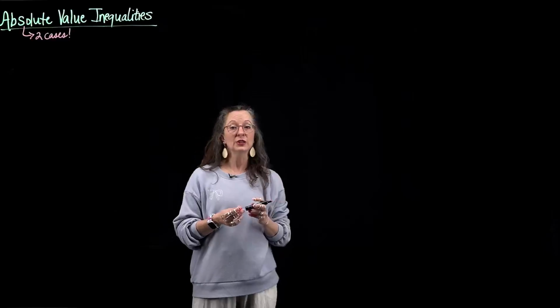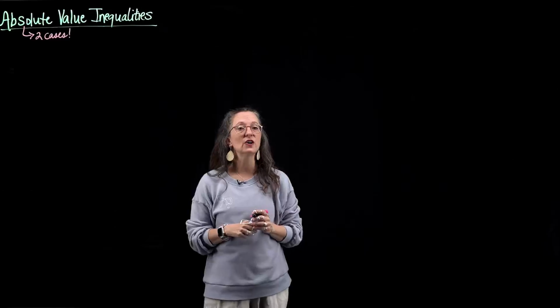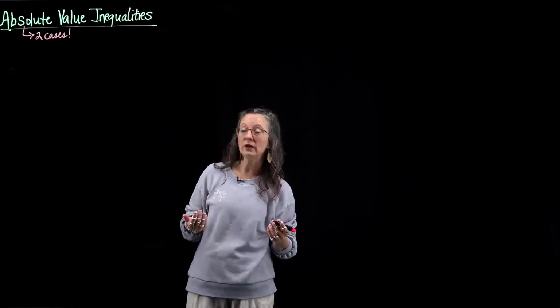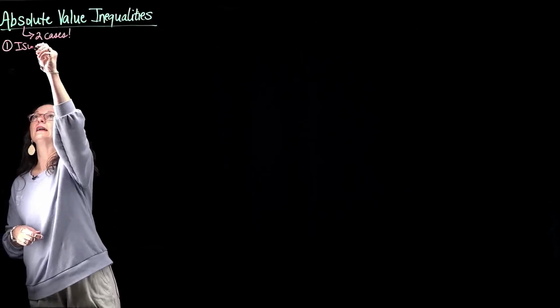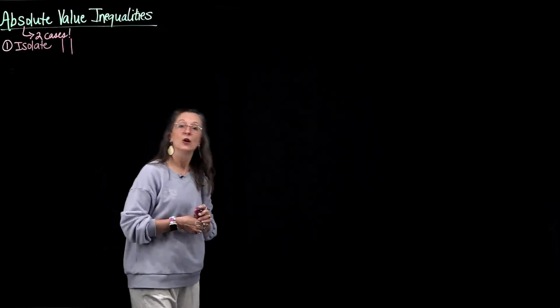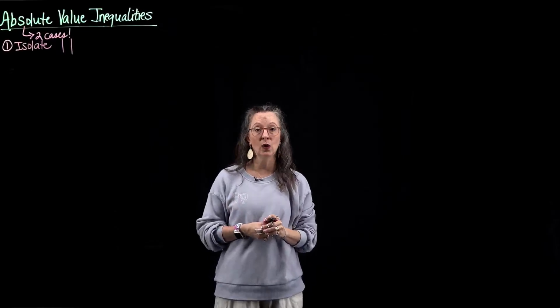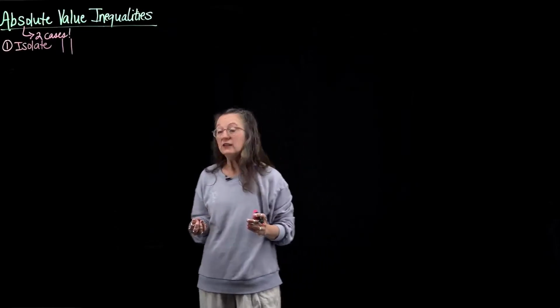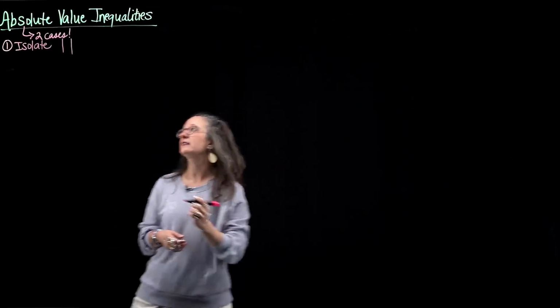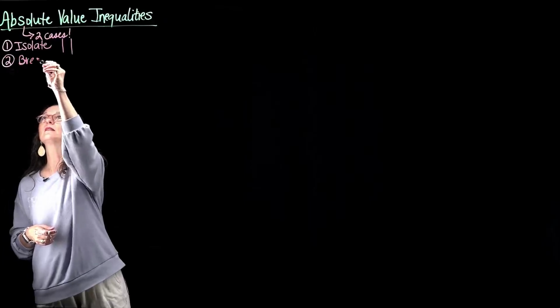So, just like with absolute value equations, when we start solving absolute value inequalities, our first step is to isolate the absolute value. We want to get it all by itself on one side of the inequality. Then, once we have done that, we're going to break it into two cases.